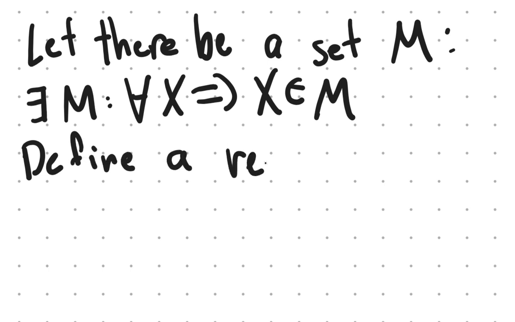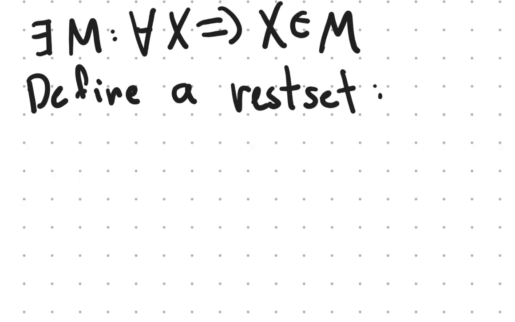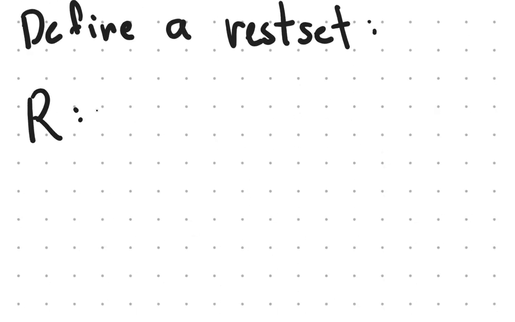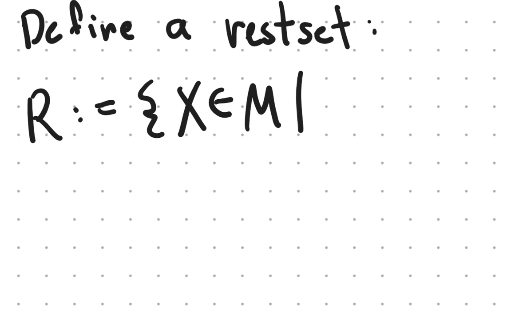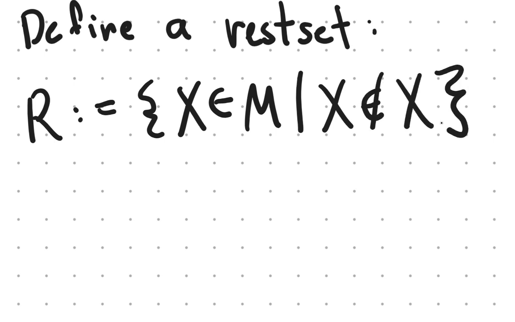So let's define a rest class of sets. I'll just call it rest set R, and I'll define it as all sets x that are in M, but have this as a mathematical property, so that the set x is not containing itself.